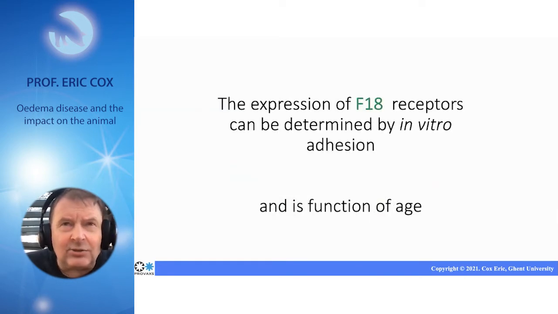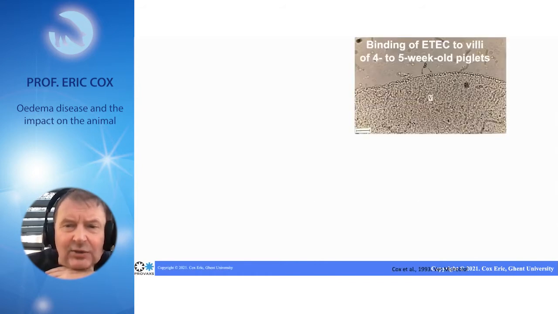So let's look at these F18 E. coli, which are responsible for Oedema disease. These F18 Fimbria are the adhesion factor, the colonization factor, and this colonization factor allows the bacteria to adhere to the villus mucosa. What you see here is a villi that is scraped from the small intestine of a piglet and is incubated with bacteria.